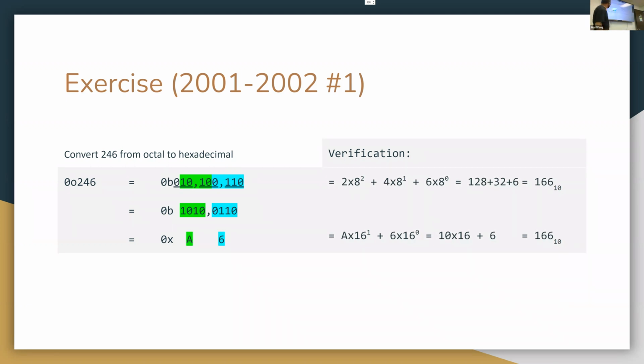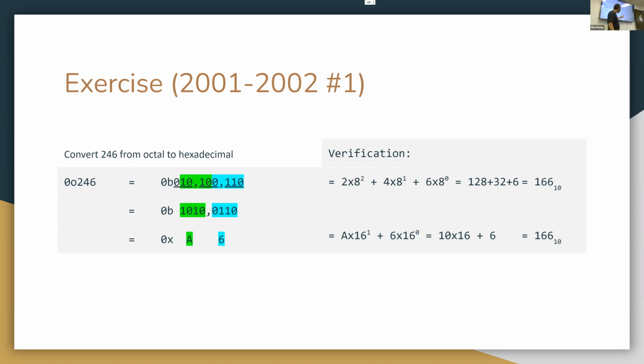So to convert that 246 in octal to decimal, this is how we do it: 2 times 8 to the power of 2, and then 4 times 8 to the power of 1, and 6 times 8 to the power of 0. And then that's what we get, right? 166 in decimal. Same number.